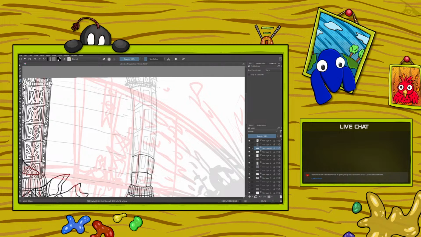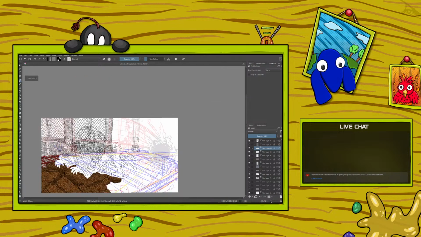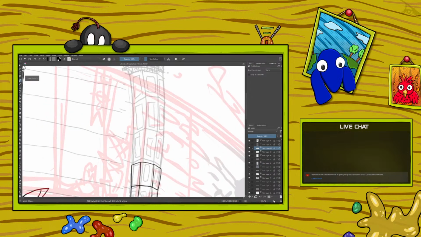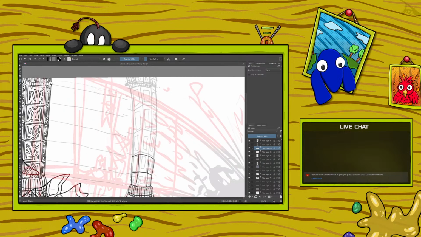Noting by myself that I need to make sure that's correct. All right. I actually want to go for the square spheres again. So let me just do that properly then. There you go.